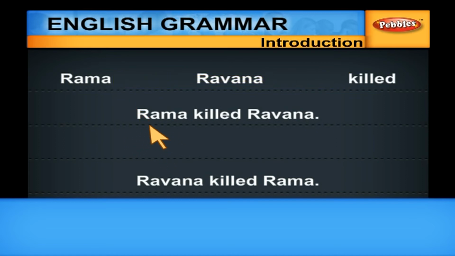When you say Rama killed Ravana, Rama becomes the doer, the killer, and the killed is Ravana. In the second sentence, when you say Ravana killed Rama, Ravana becomes the subject, the killer, and Rama becomes the killed. The change comes about because the ordering is different.